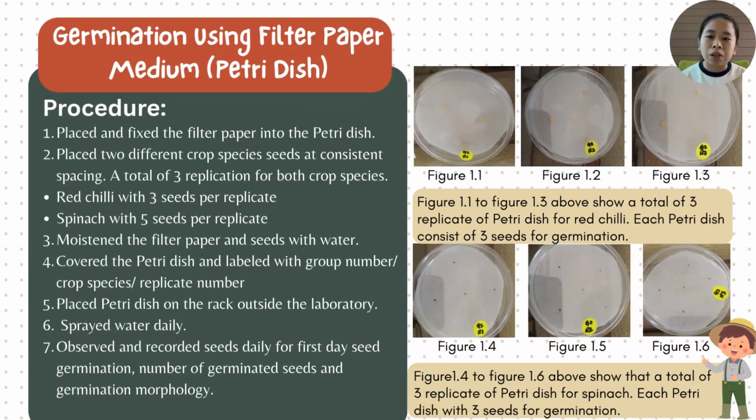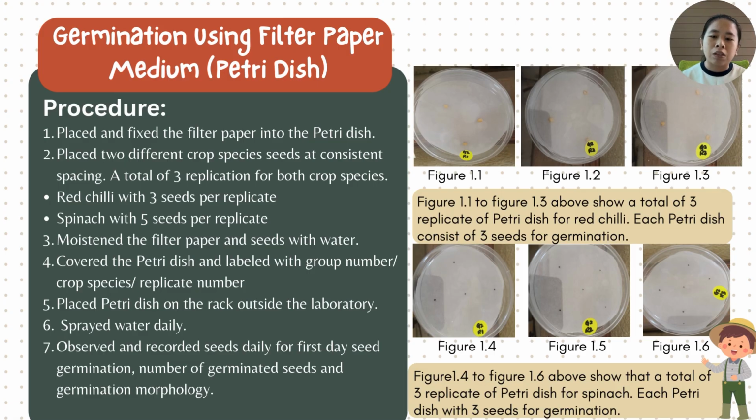I will start with the germination using the filter paper medium, which is the petri dish. First, I place and fix the filter paper into the petri dish. Then place the seeds of the two crop species at consistent spacing, with a total of three replicates for both crop species: red chili with 3 seeds per replicate and spinach with 5 seeds per replicate.